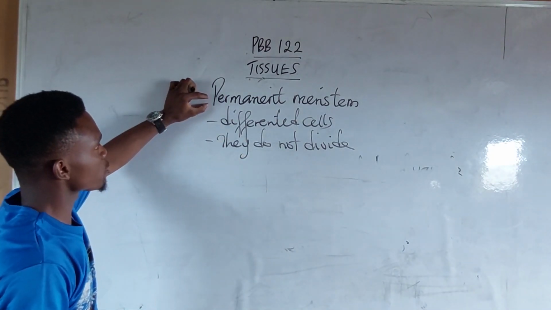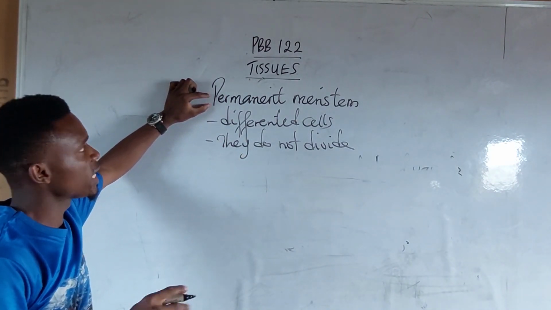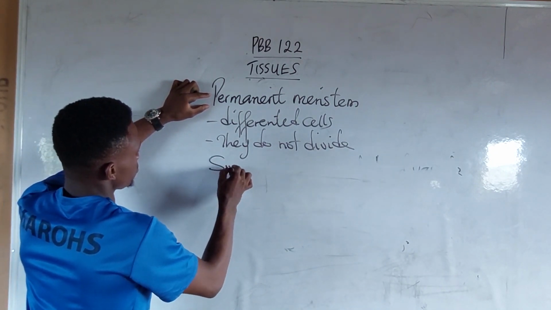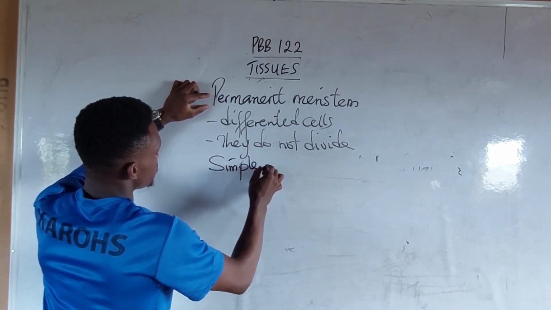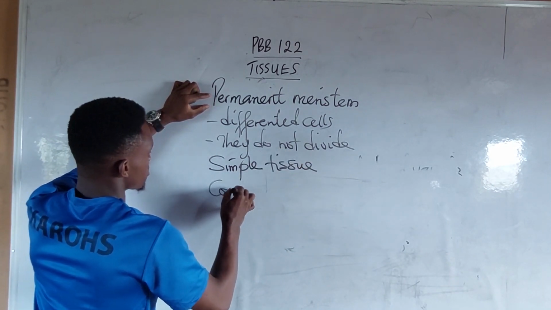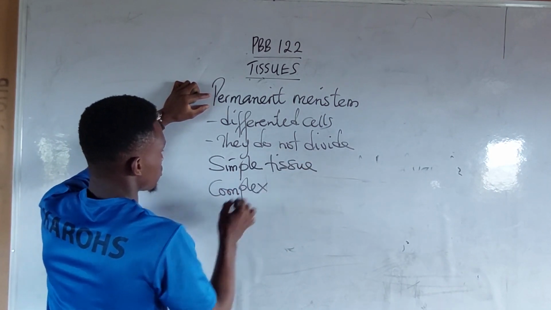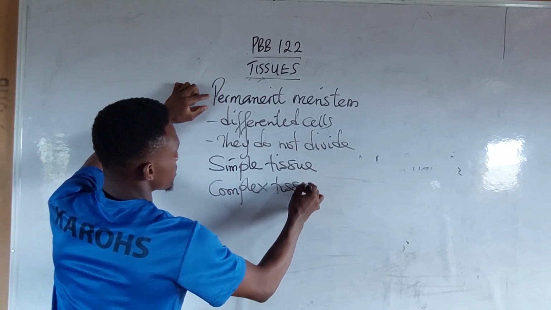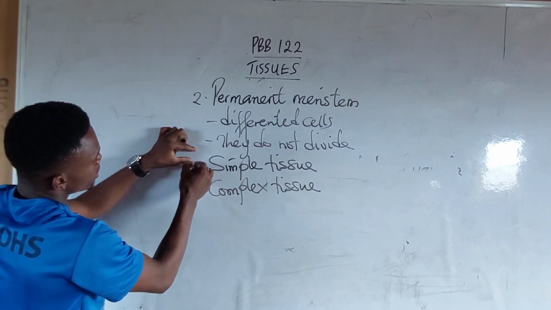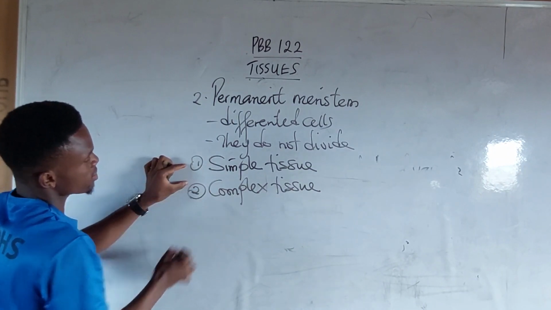Now there are two types of permanent tissues. We have the simple tissue and we have the complex tissue.